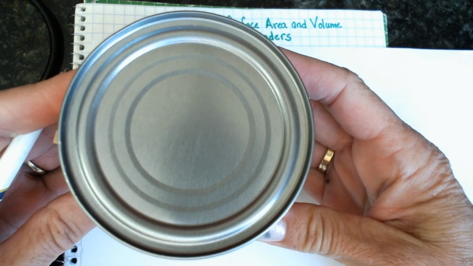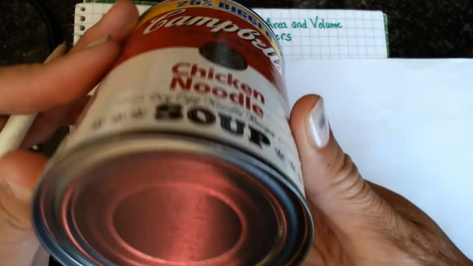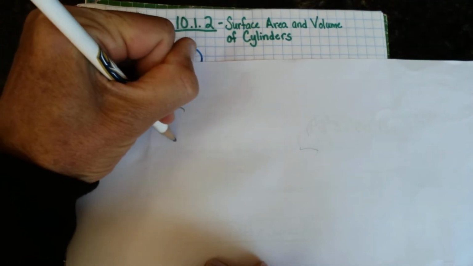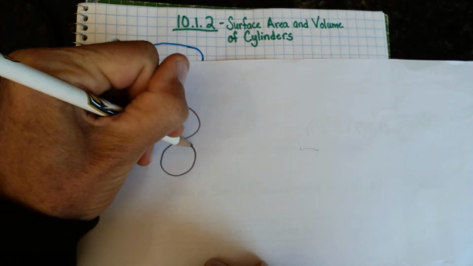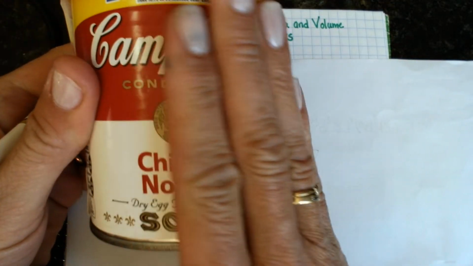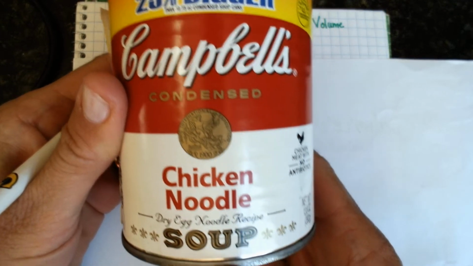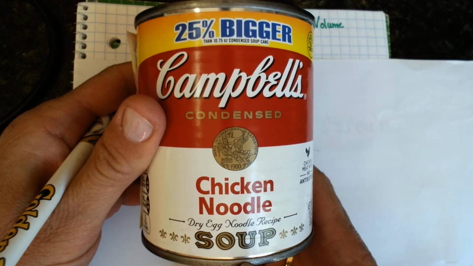First, the top and the bottom, which are called the bases, are just two circles that are the exact same size. And then we have the side part of the can, which is called the lateral surface area, or on this particular cylinder, it's where the label is on the soup can.